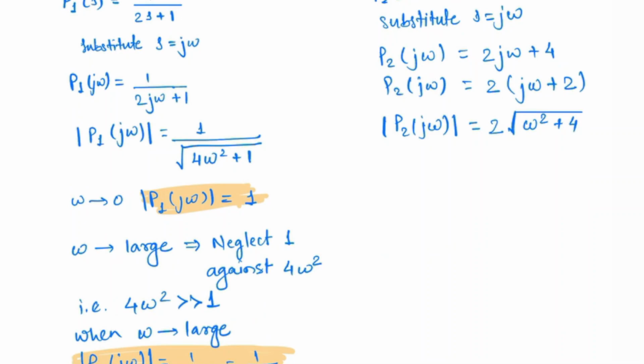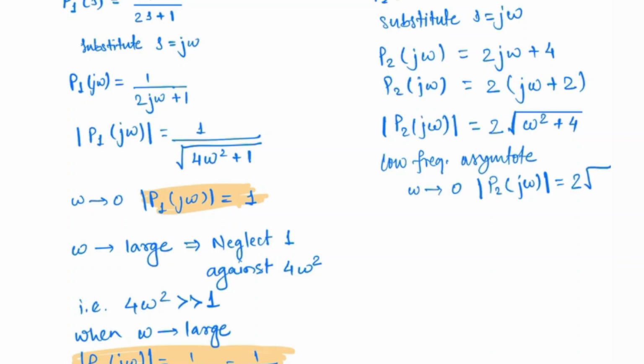So to obtain the low frequency asymptote, we take omega tending to 0, the magnitude of 2 square root 4, that is 2.